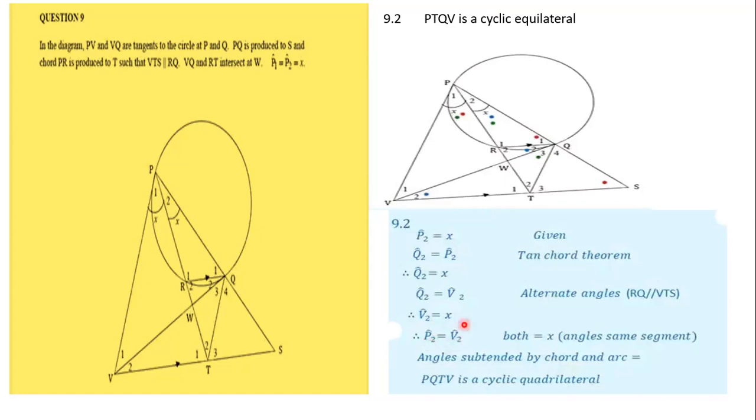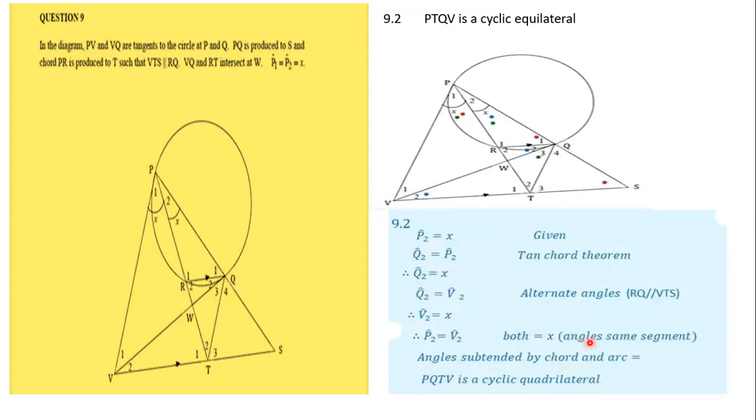So now they're saying q2, where's our q2? q2 is equal to v2, yes, and q2 and v2 are both equal to x, and the angles are in the same segment, or you can just say the angles are suspended by the same chord, right?